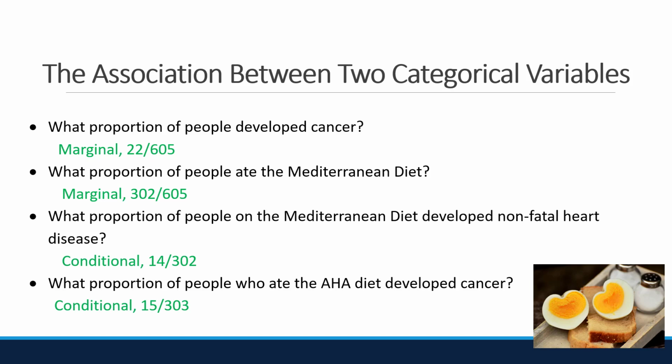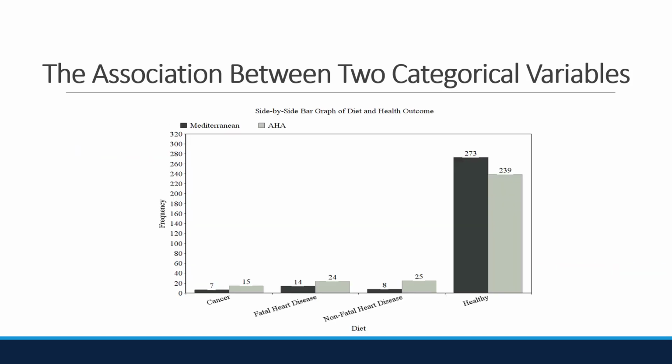There are several different types of graphs which can also be used to visualize a relationship between two categorical variables. We could display proportions of outcomes for each diet separately, side by side, or we can combine all of the information into a stacked bar graph. These plots can help us look for associations. Definition: in a side-by-side bar graph, the height of each bar is the number of the corresponding cell in the two-way table.